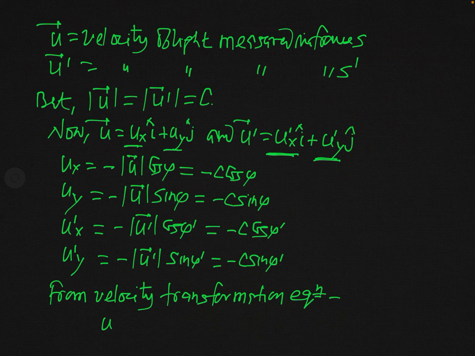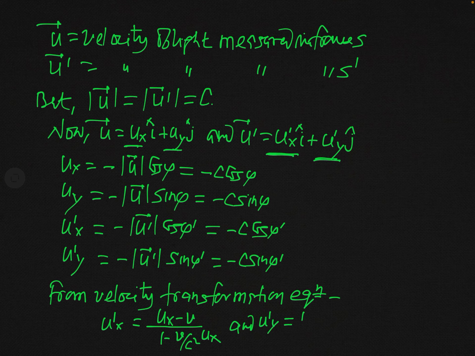you know u prime x equal to what? You have studied that this is simply ux minus v over 1 minus v over c square into ux, and u prime y. What is this?